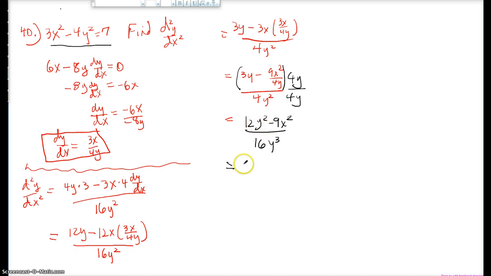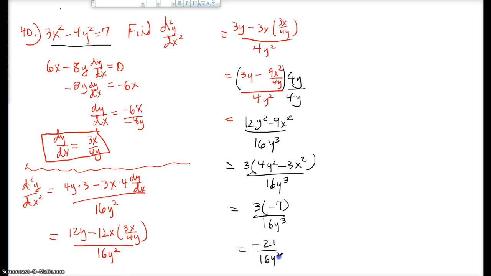If you factor out a 3, you get 4y squared minus 3x squared all over 16y cubed. 4y squared minus 3x squared is equal to negative 7. That's the final answer for the second derivative.